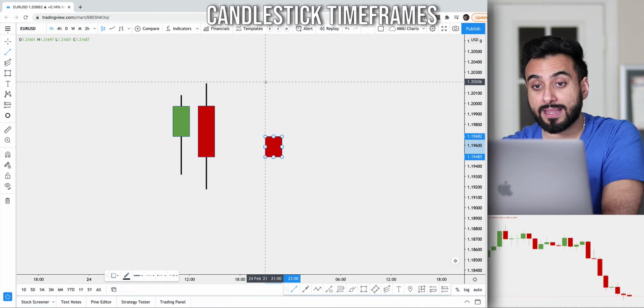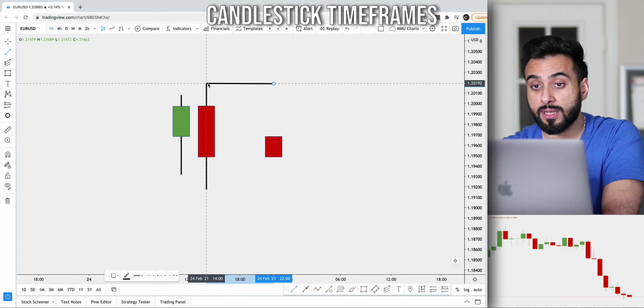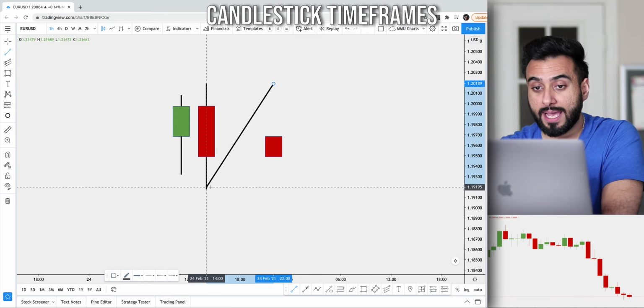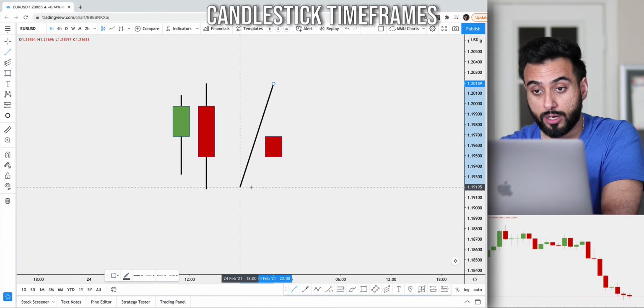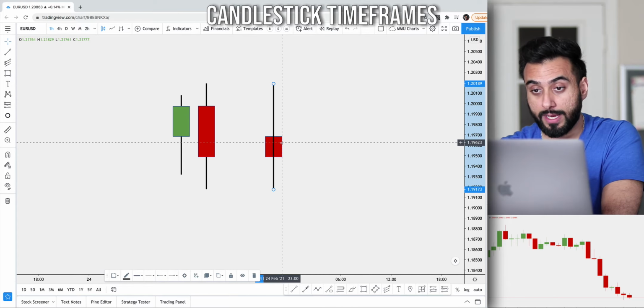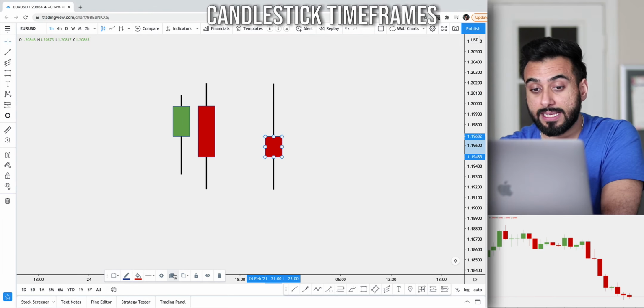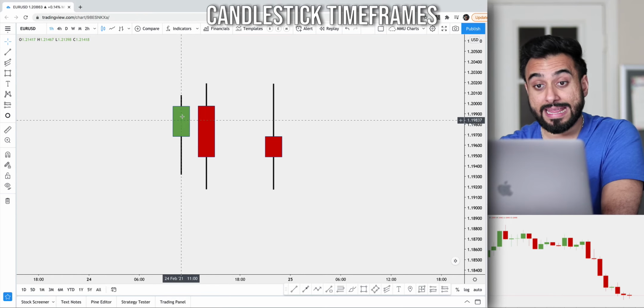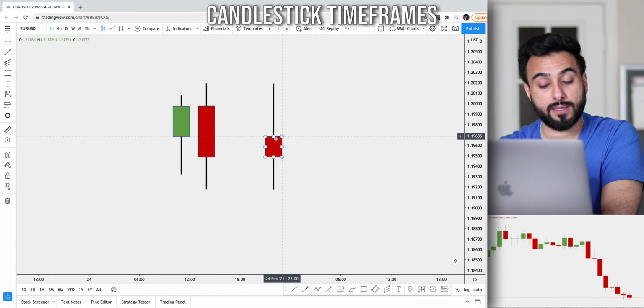The highest point the candle got was up here. And the lowest point was all the way down here. So the candle's high and low would be right over here. Looking at these two candles in a 2-hour time frame, this exact story would be translated into this.